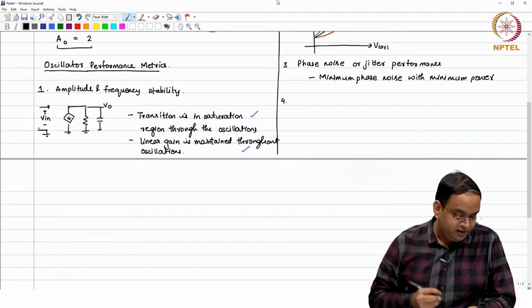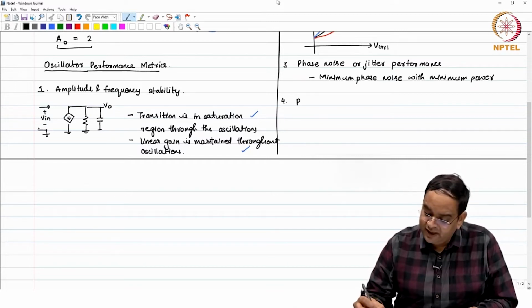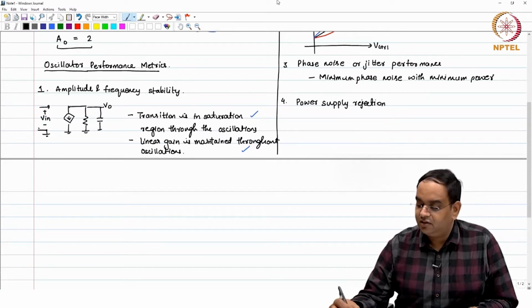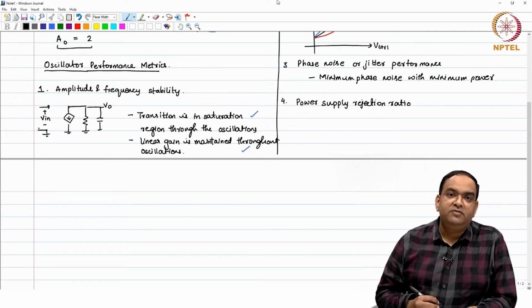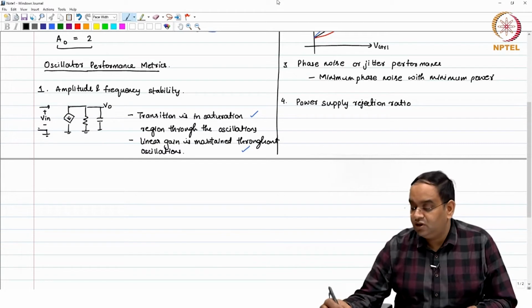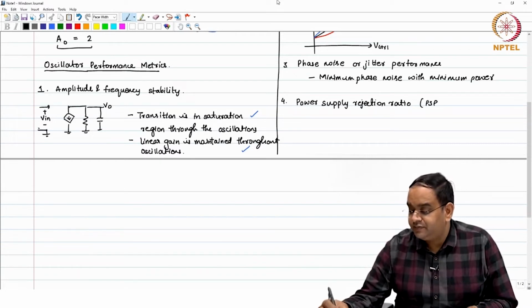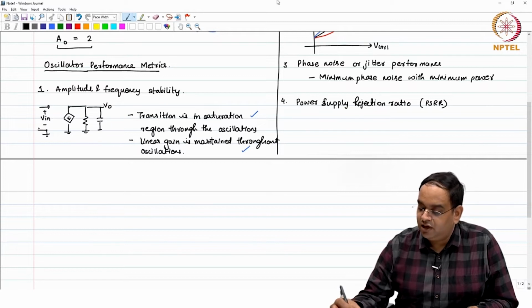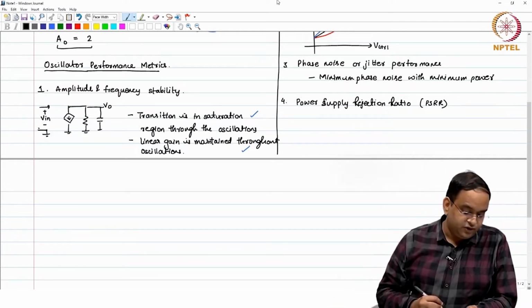Then the other thing is power supply rejection ratio. Okay, and this is measured as how you are affecting the VCO output frequency or VCO phase noise with respect to the supply noise. This is called PSRR. Let me just write it with all capital, power supply rejection ratio.